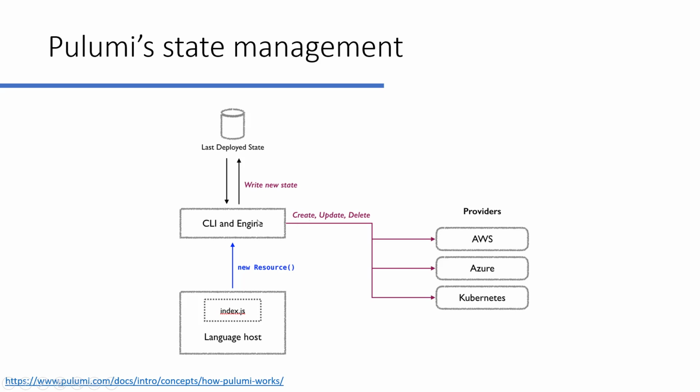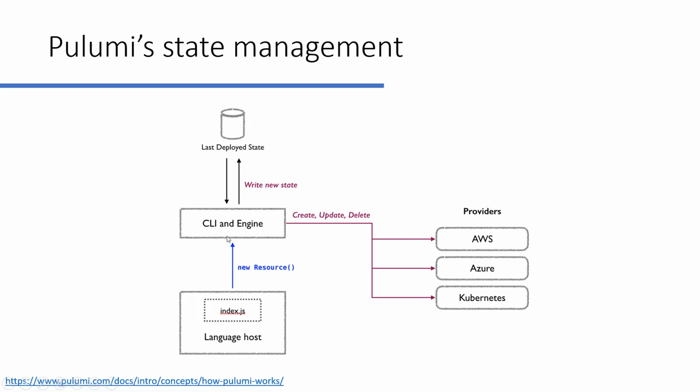Okay, so now the engine goes to the state file. Okay, so it's our portal that acts as a state service which hosts the state file and compares what the expected state is, expressed in this code, and what is the last known state on the cloud platform.